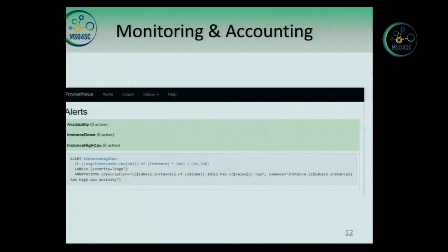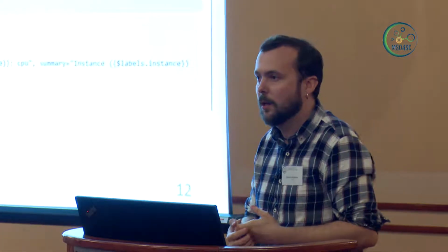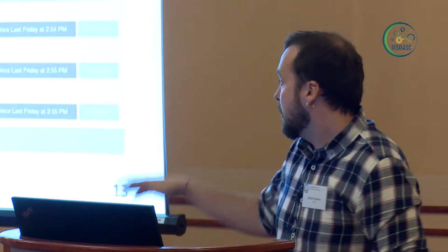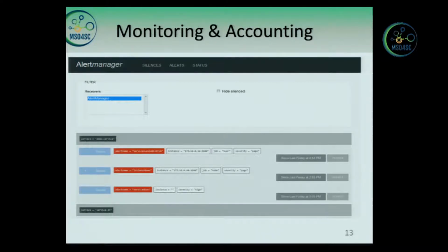For example, if an HPC is offline for a while, you can put an alert on it, or on some specific metric of a simulation. You can set a threshold and say, for example, send me an email if this threshold is crossed. This is the alert manager, just to show that the alerts are going to be presented in the portal, of course.